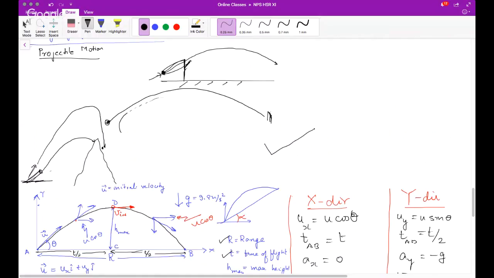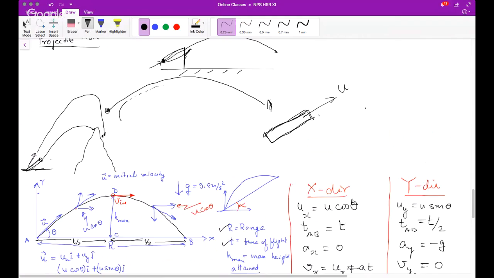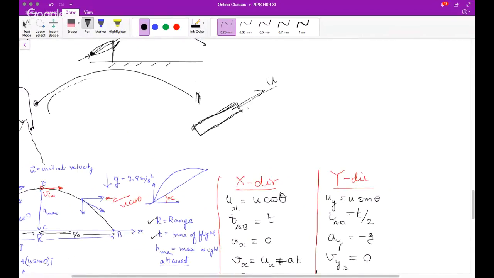You can reduce the velocity maybe, but you cannot increase it beyond a point. So u is kind of fixed. The technology is a constraint, so u cannot be changed beyond a point. But can we do something so that the shell reaches the largest distance?